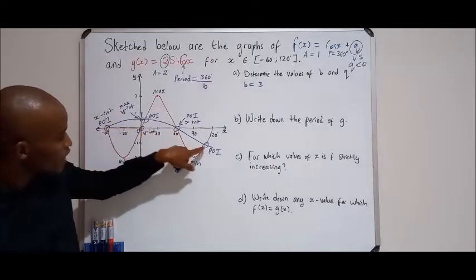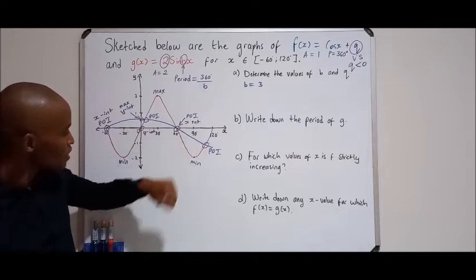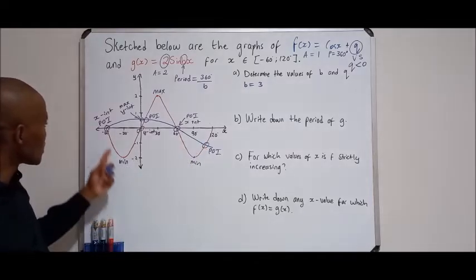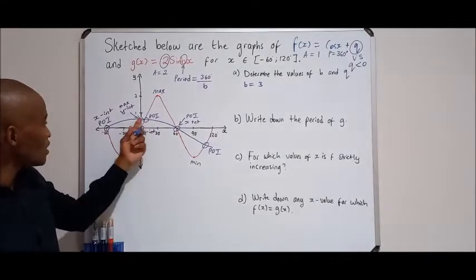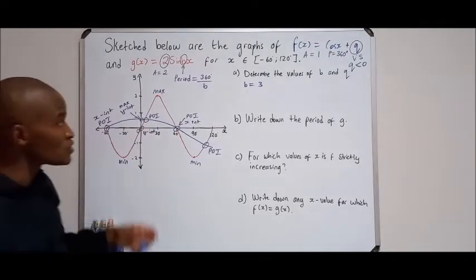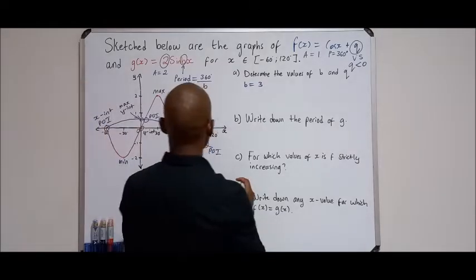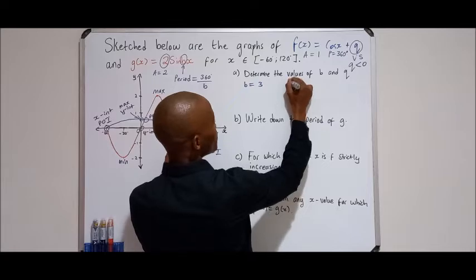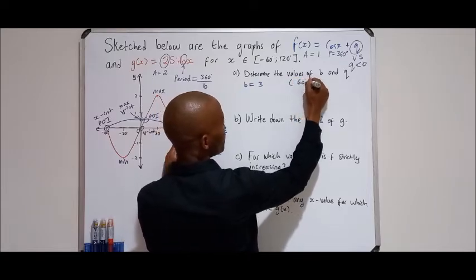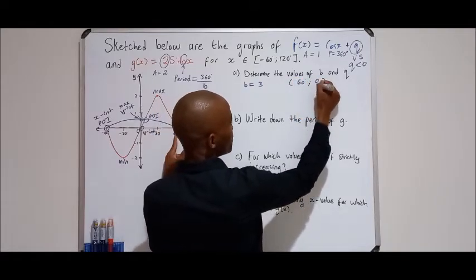Here we don't have coordinates, so we can use a 60 degrees point of intersection and then work with that. So using this one, 60 degrees and 0.